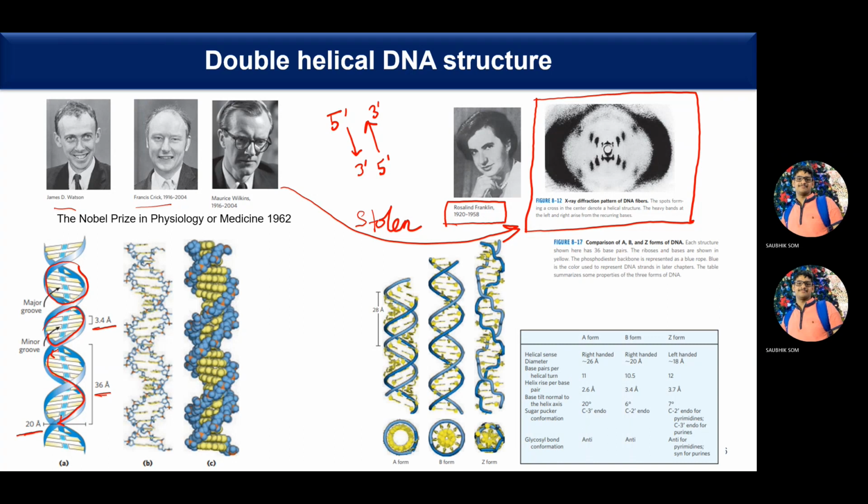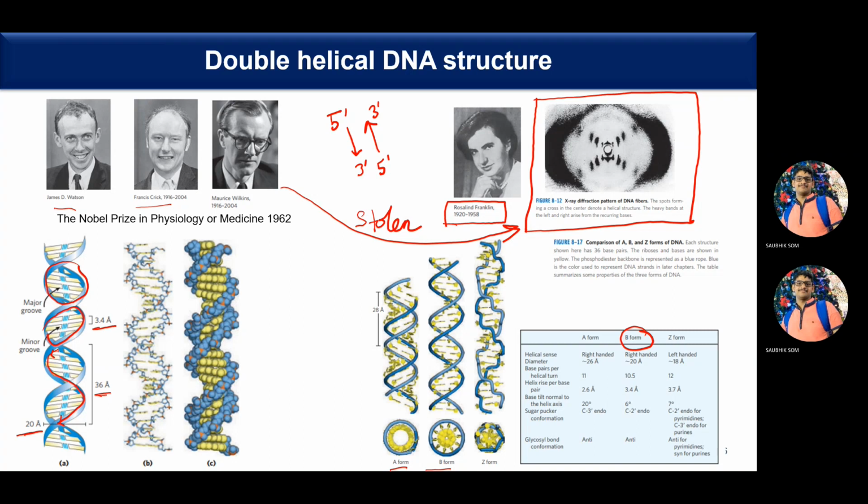Okay, and there are three different forms of DNA also: A DNA, B DNA, and Z DNA. Both A DNA and B DNA have a right-handed helix, but A DNA is a little shorter. The most common form of DNA is, of course, the B form.